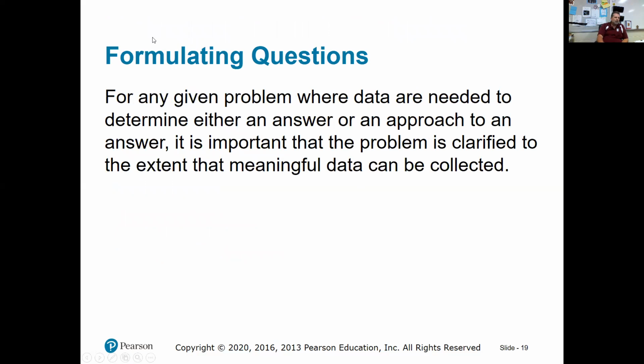Okay. Formulating questions for any given problem or data are needed to determine either an answer or an approach to an answer. It is important that the problem is clarified to the extent that meaningful data can be collected. If you don't have good questions, it's hard to get good data.